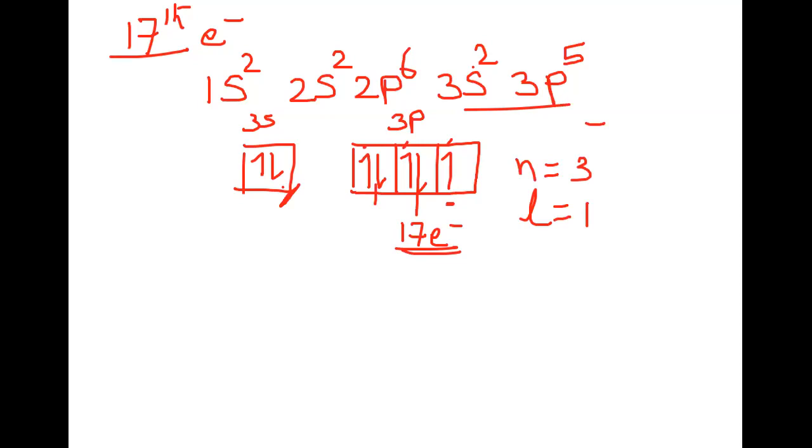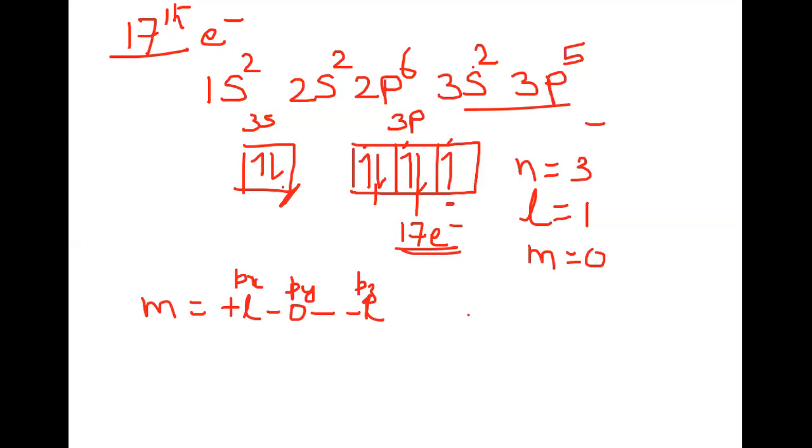Since it is the middle one, m can have values from plus l to 0 to minus l, or minus l, 0 to plus l, whatever way you take. In this case, with Px, Py and Pz, the center one is always 0. So here m is equal to 0.